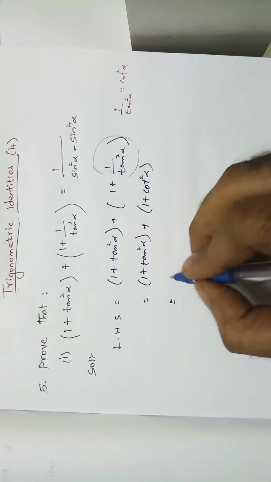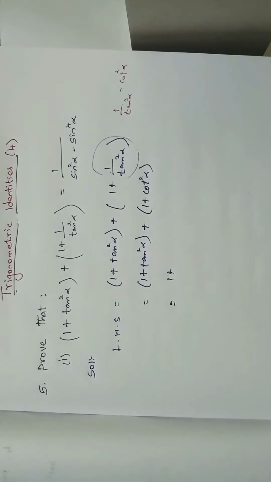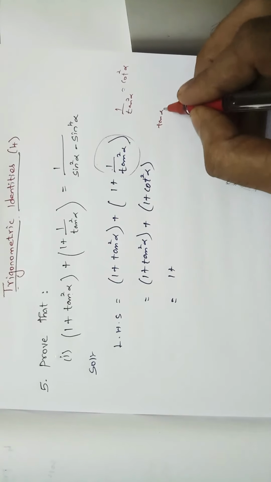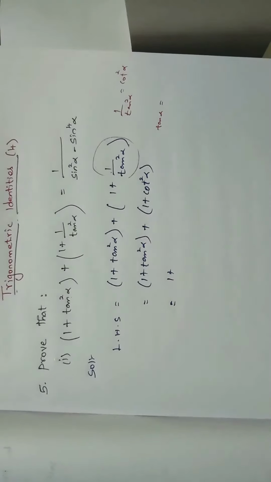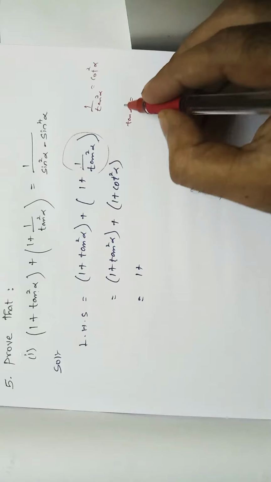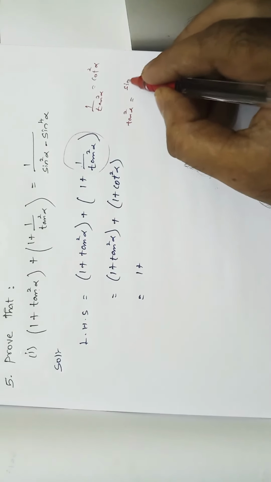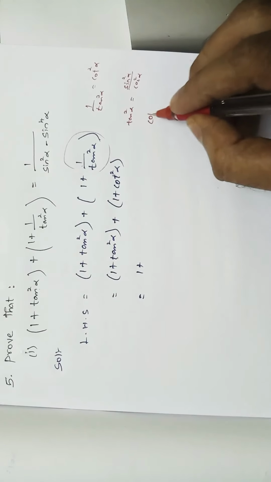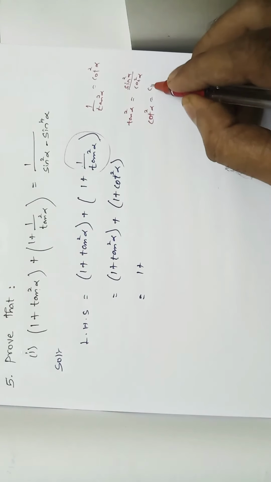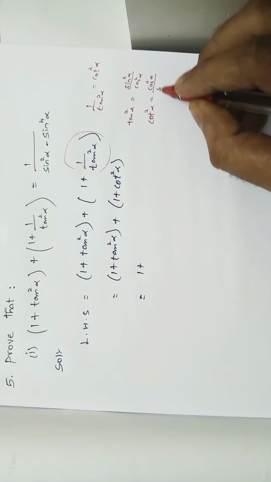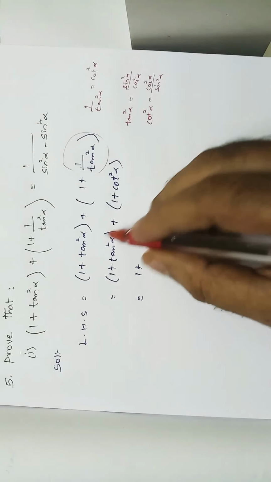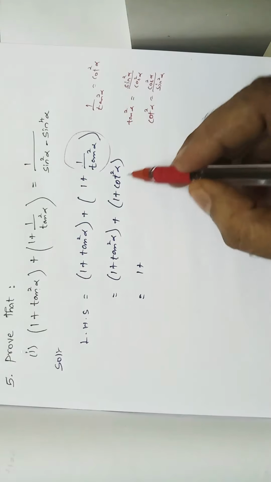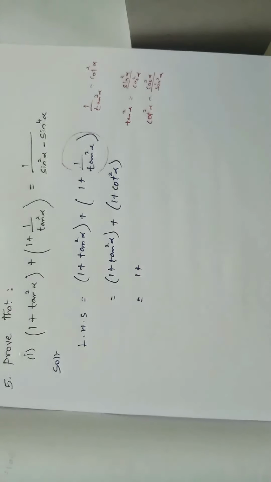We know that tan square alpha is equal to sin square alpha divided by cos square alpha, and cot square alpha is cos square alpha divided by sin square alpha. So substitute sin square alpha by cos square alpha instead of tan square alpha, and cos square alpha by sin square alpha instead of cot square alpha.